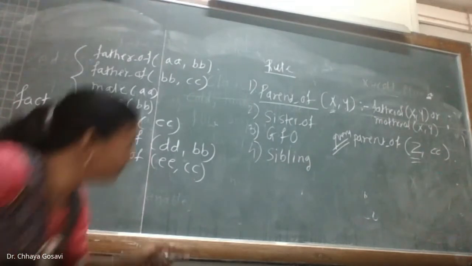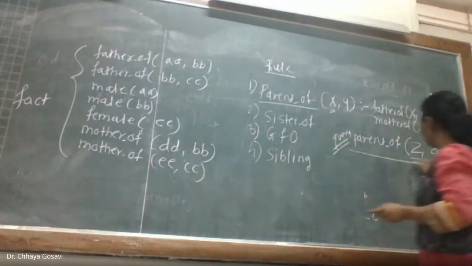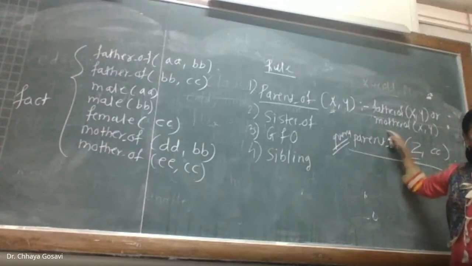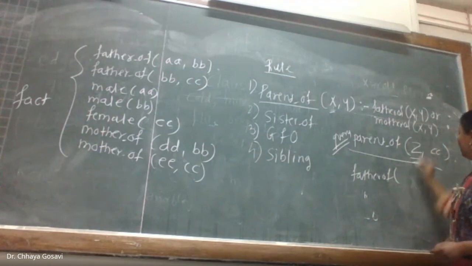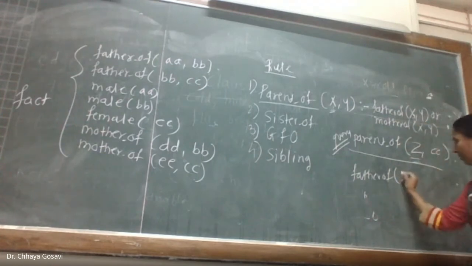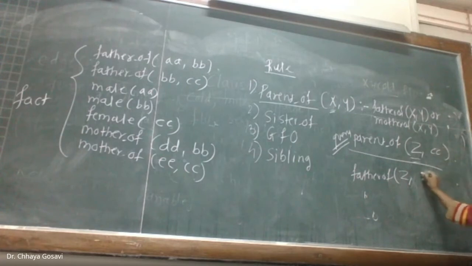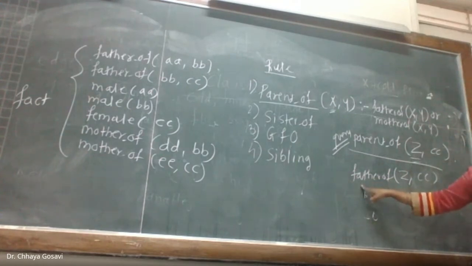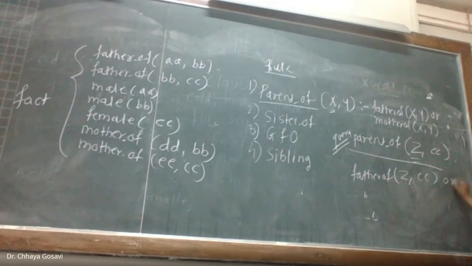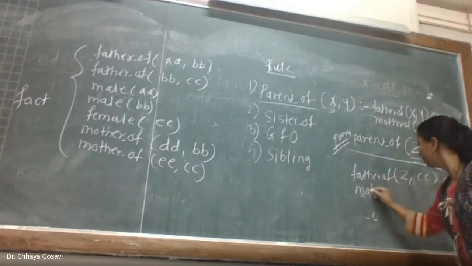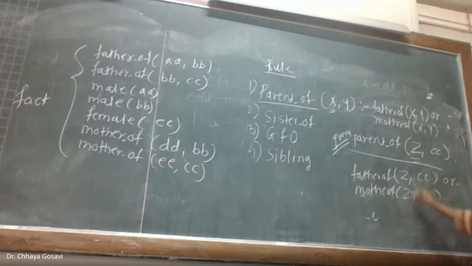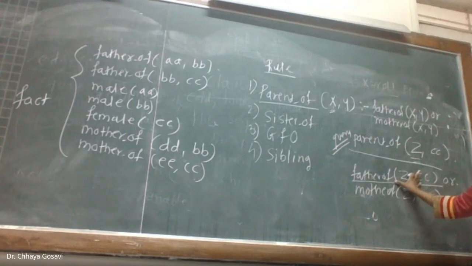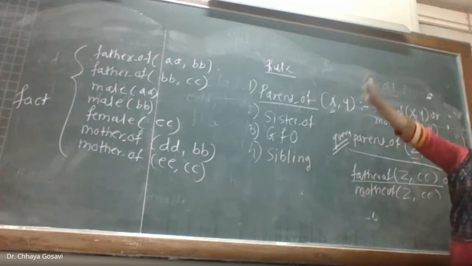So it will first replace this parent of by the left hand side. It will replace it by father of, where Z is X and Y is CC: father of Z CC or mother of Z CC. Now it will try to match, unify this query with our facts.